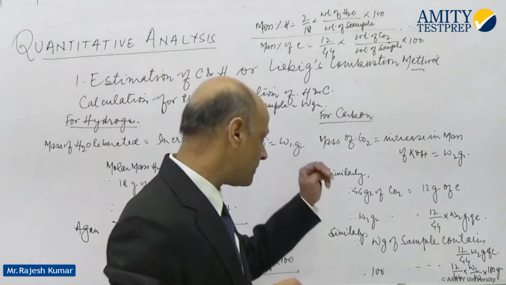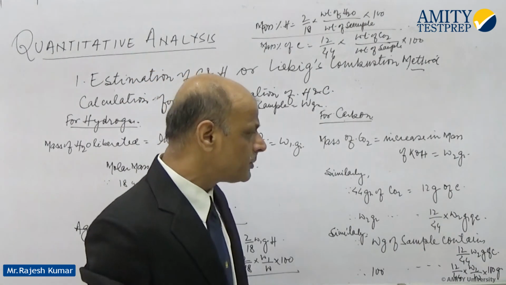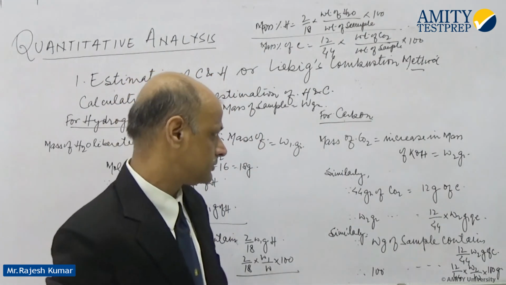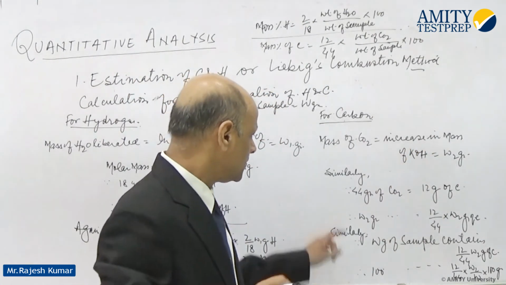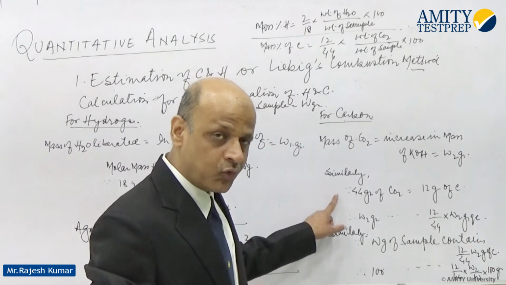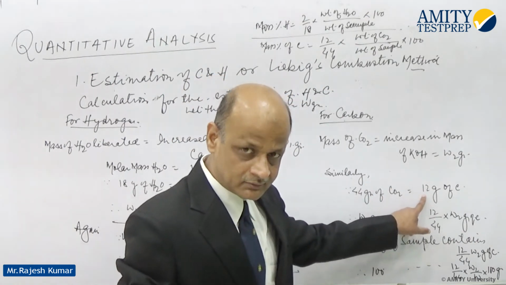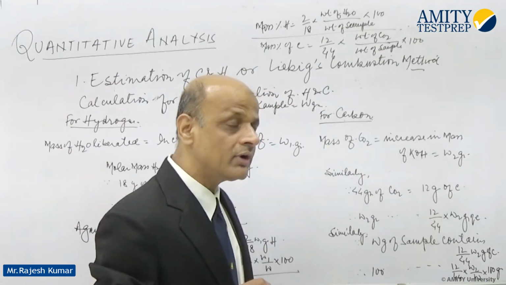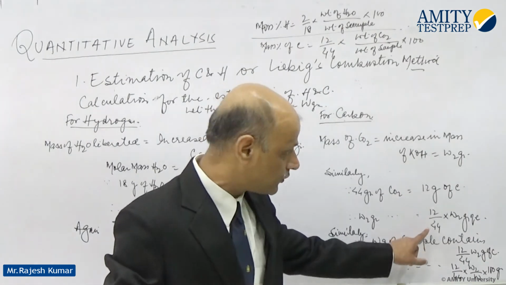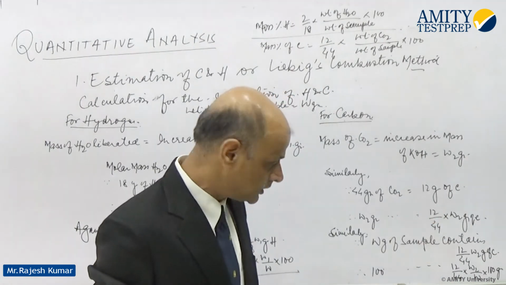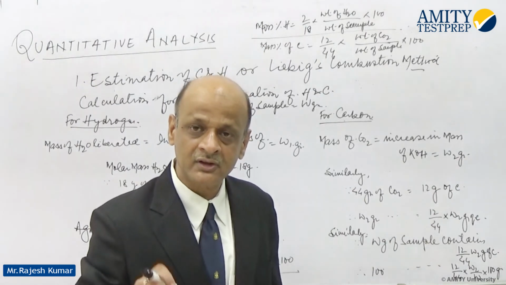Similarly, for carbon, the mass of CO2 is equal to the increase in mass of KOH, which we suppose is W2. 44 gram of CO2, the molar mass of CO2, contains 12 gram of carbon. So W2 gram of CO2 will contain 12 by 44 into W2 gram of carbon, which is present in the given sample.